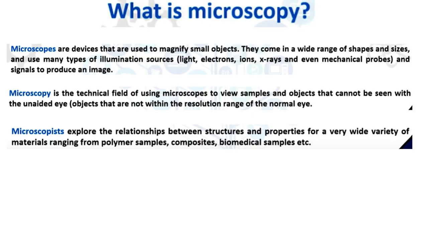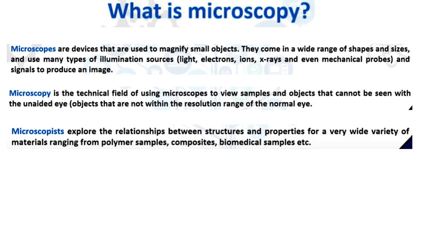So, what is microscopy? We'll discuss later the difference between spectroscopy and microscopy. But for the time being, microscopy is, of course, the analysis of morphology or structure at micro or below micro level.